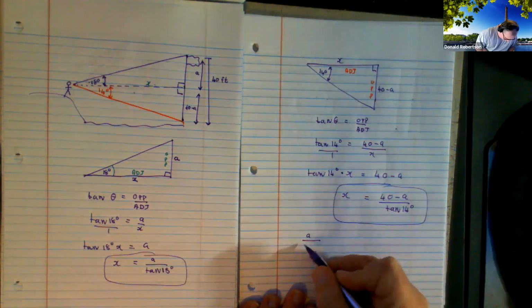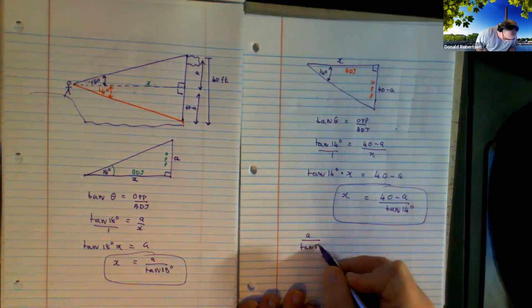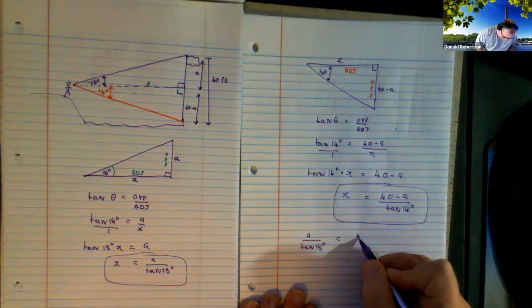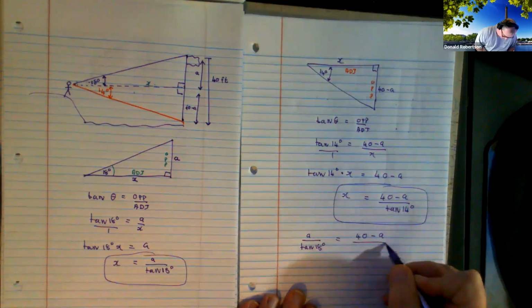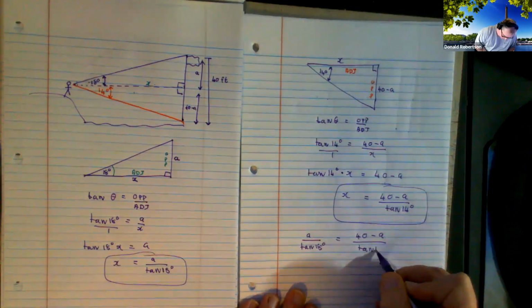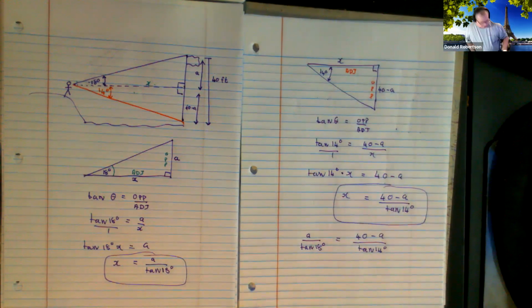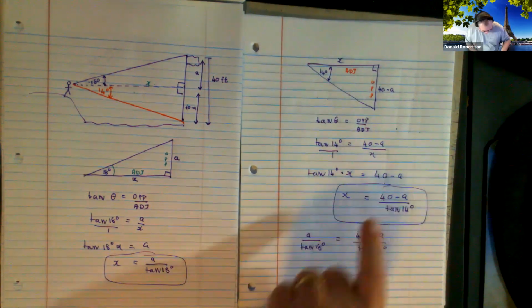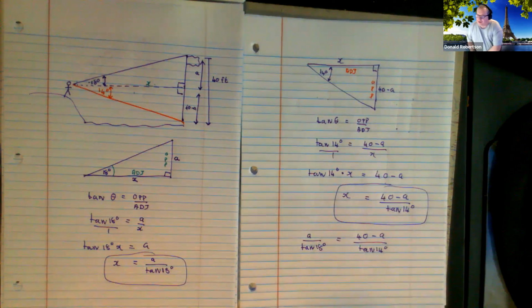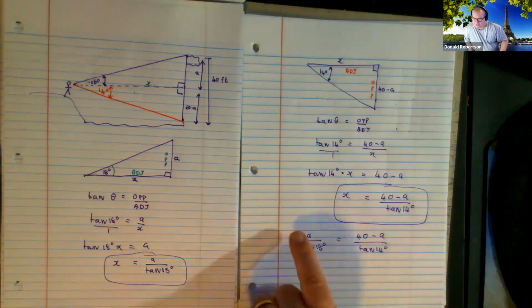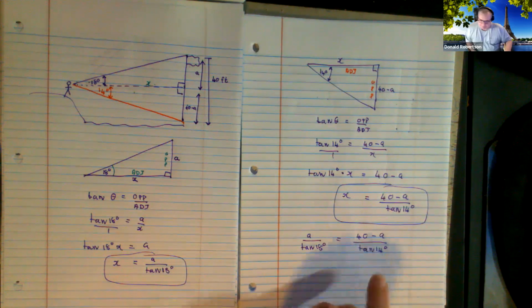So a over the tan of 18 degrees is 40 take away a over the tan of 14 degrees. Because if x is this guy and x is this guy, then aren't these also equal because of that? I know it's ugly, but what I'm doing makes sense, even although the terms are really messy looking, right?